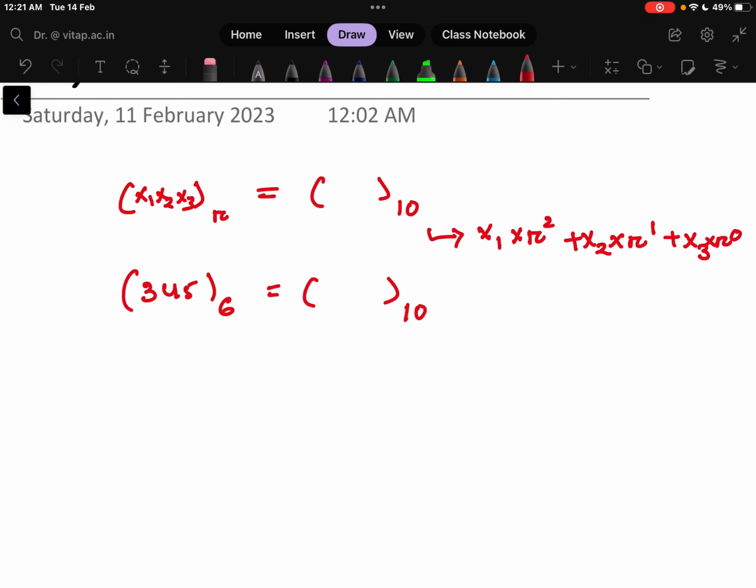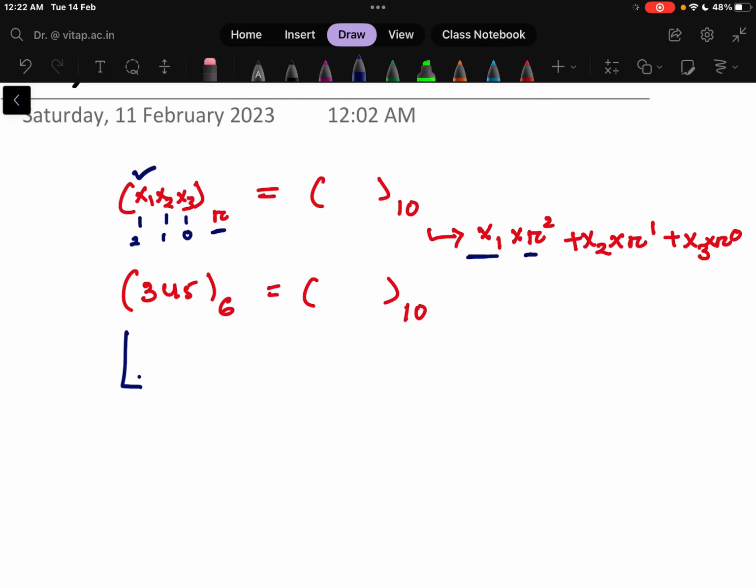What I am doing exactly is taking the first place as the 0th place, the second as the 1st place, and the third as the 2nd place. I put these place values, and then multiply each digit with its place value. The place value is the base, that is r, raised to the power of the position.